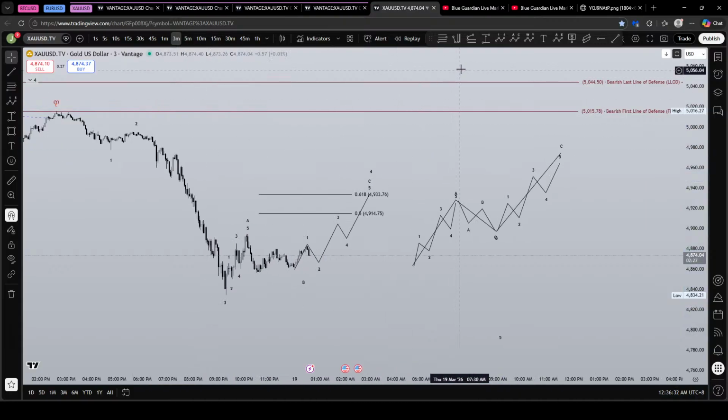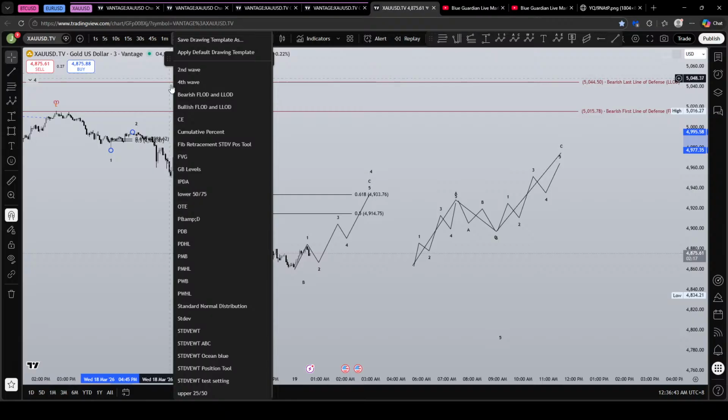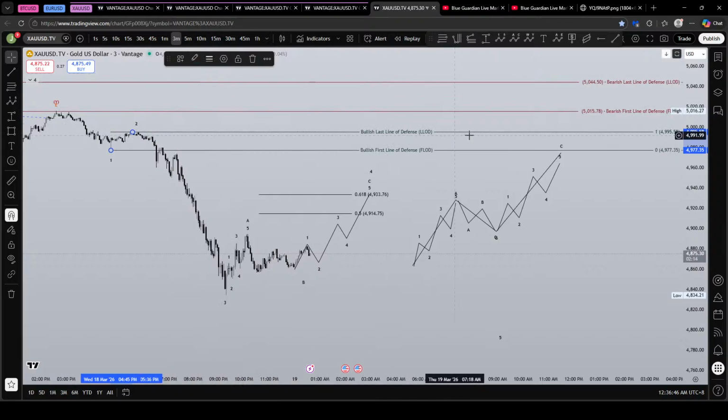So in other words, my scalp or intraday bullish first line of defense or last line of defense will be here. So let me just label it: scalp slash intraday bullish last line of defense and the first line of defense.